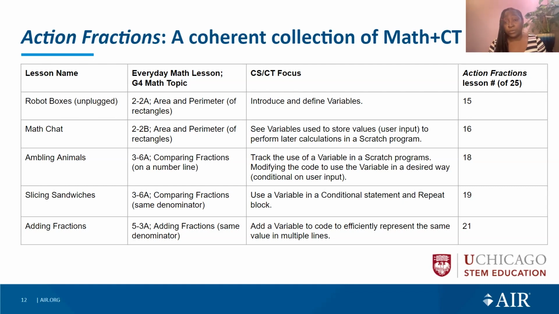One of the reasons we wrote this collection of lessons, this 25 lessons, is that we wanted to test out the learning trajectories to see how they could be used to create coherent instruction across 2 school years. Those school years are referred to as 3rd and 4th grade in the United States.